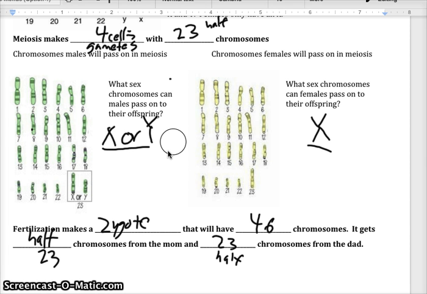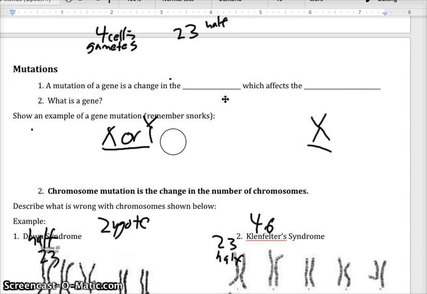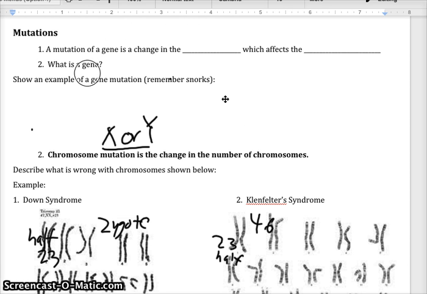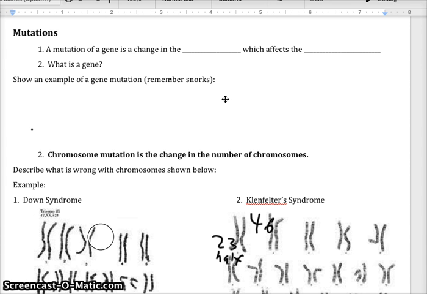Now we're going to look at a chromosomal mutation and what happens when we do not get exactly half the chromosomes. So let's look at mutations. Just to review, there are 2 types of mutations: mutations of a gene, and mutations within the chromosomes.